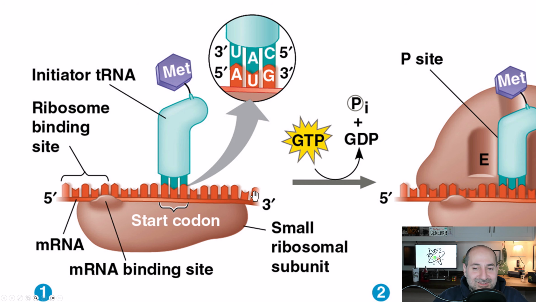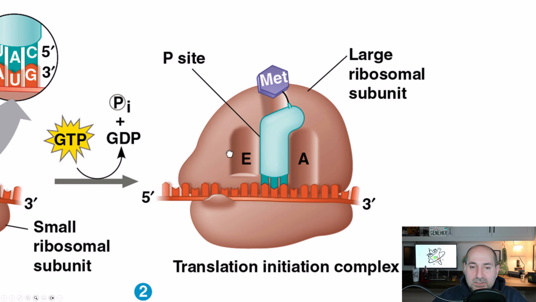I hope this makes sense. Again, the small subunit of the ribosome finds the start codon. It then finds the initiator tRNA, or I call it the start tRNA, which brings along with it methionine. Isn't that neat? And at this point, energy is used, GTP is used, and boom, the large subunit, the large hamburger bun, attaches at this point, and now you have initiated translation. This is called the translation initiation complex.